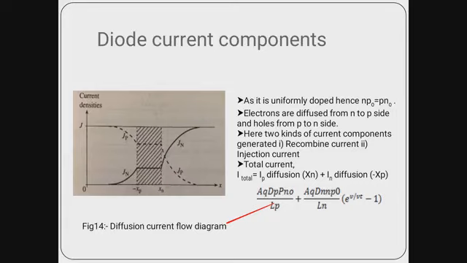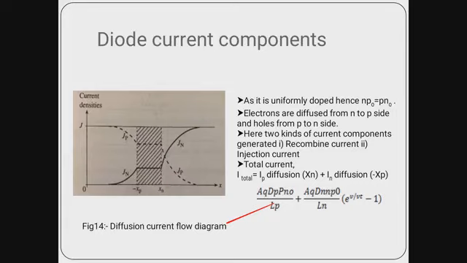That means holes are diffused from P to N side, denoted by Xn, because this is the N-type region and the distance x is covered into the N-type region. Similarly, the distance x covered into the P-type region is represented by Xp. That is why it is called electron diffusion.